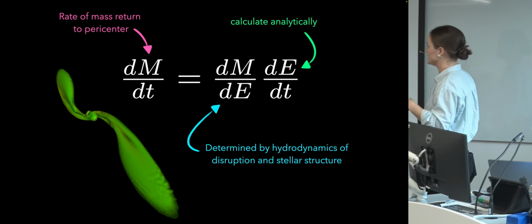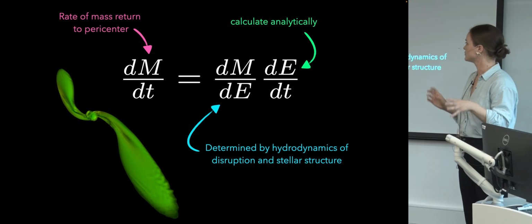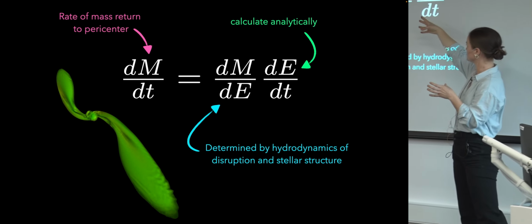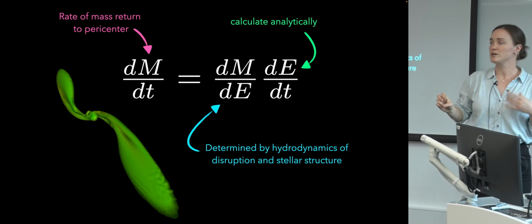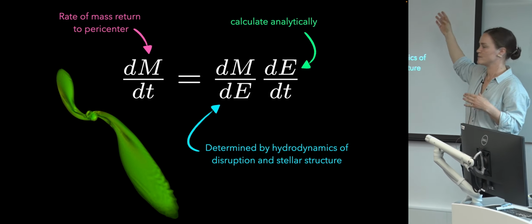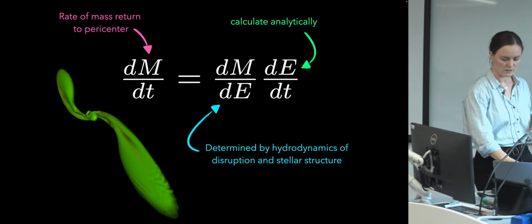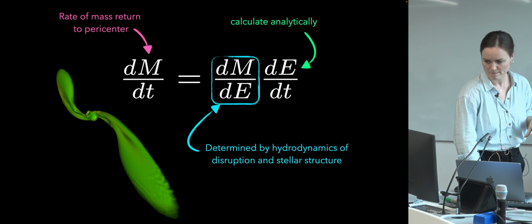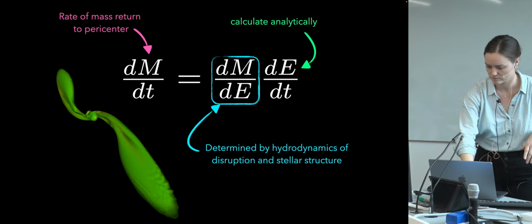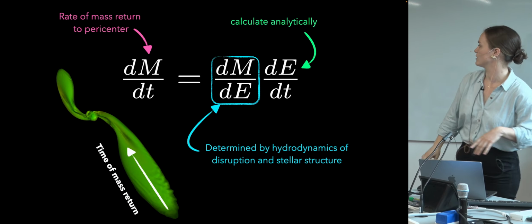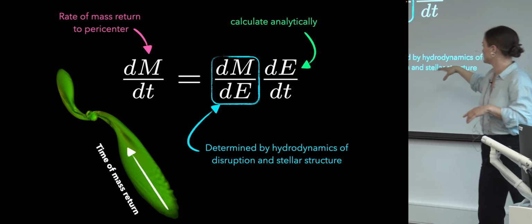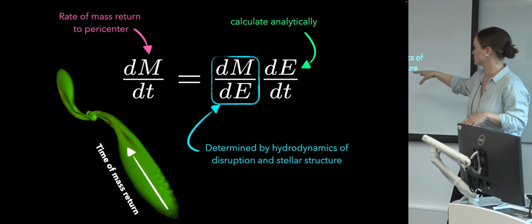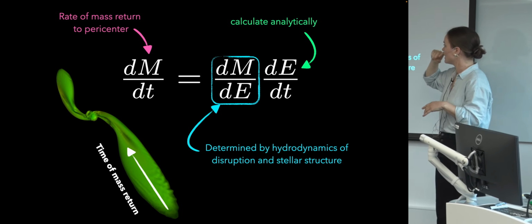When I think about this theoretically, not just looking at the simulation, I like to break it into the mass energy distribution and the orbital energy as a function of time, because you can calculate the orbital energy as a function of time analytically. Whereas the mass energy distribution is determined by the hydrodynamics of the disruption in addition to the stellar structure.